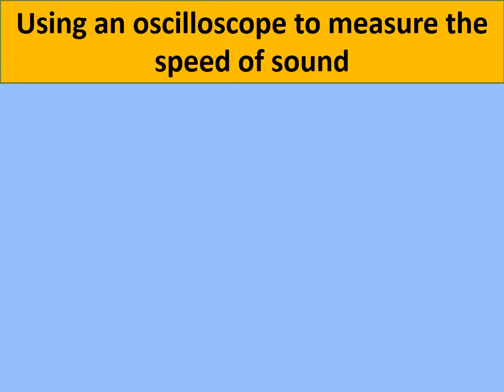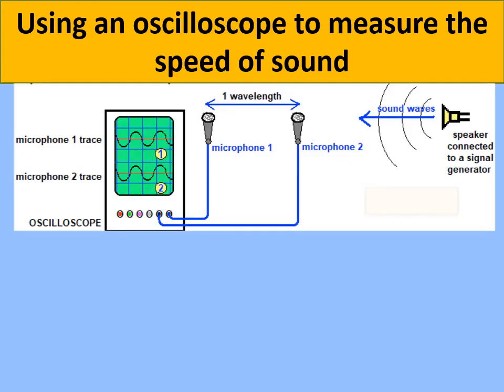You can use an oscilloscope, sometimes called a cathode ray oscilloscope, CRO, to measure the speed of sound. Now this experiment can be performed by connecting a loudspeaker to a signal generator to generate the sound to be picked up by the two microphones.